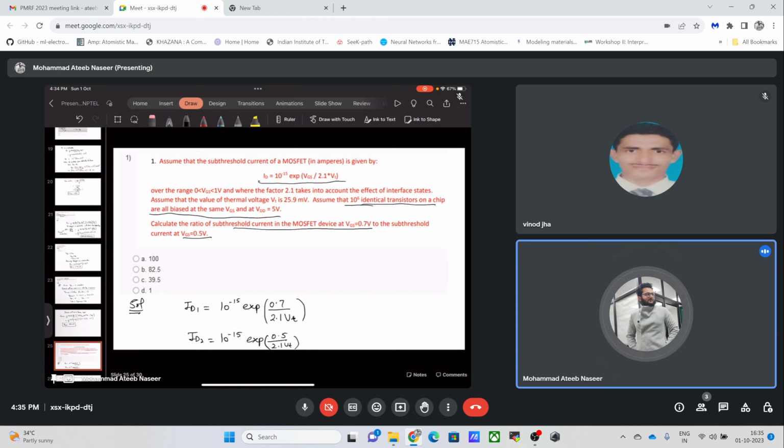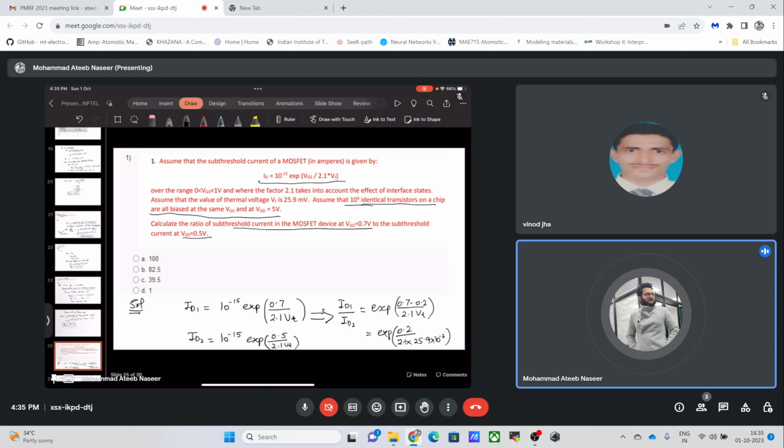Okay, so if I divide these two, I would get ID1 by ID2 equal to exponential of (0.7 minus 0.5) divided by 2.1 VT. So it is exponential of 0.2 divided by 2.1 into 25.9 into 10 to the power of minus 3. Let's solve for this.